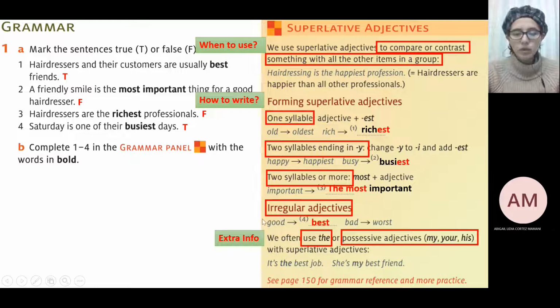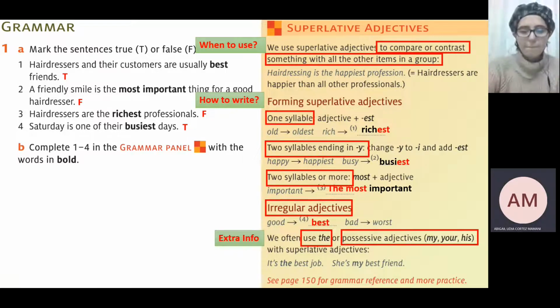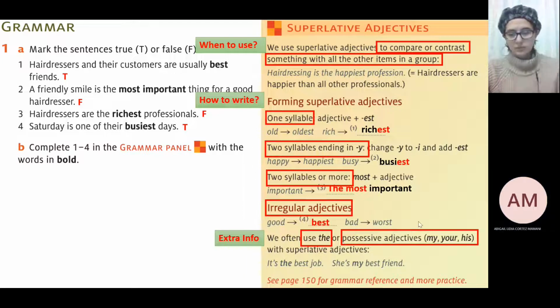And the last one, we have irregular adjectives. So which are the irregular adjectives? We often use the or possessive adjectives my, your, his with superlative adjectives. This is extra information.